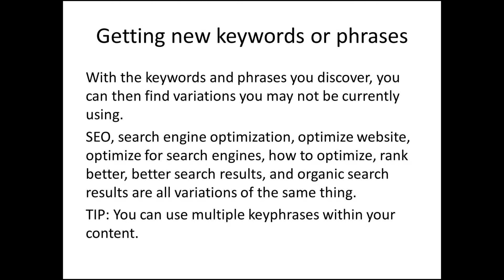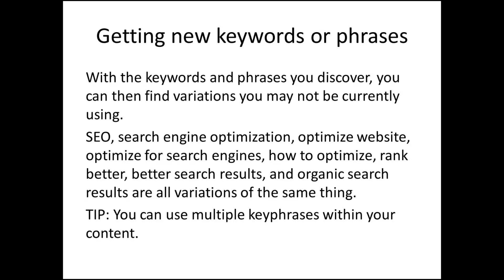And I'll look through all those keywords and phrases to see if I'm actually using them. And if I'm not using them, I will use them. I'll either update an article that I previously published with the keywords, or I'll write a whole new one using the keywords. So here's an example right here.